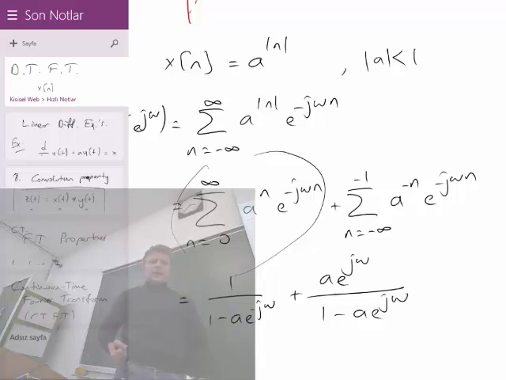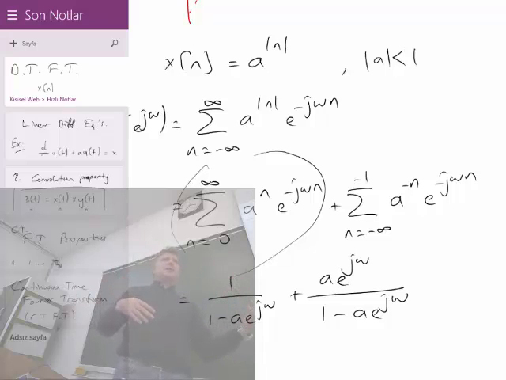Now, since this signal is not periodic, but symmetric, I'm sorry. Since the time domain signal is symmetric, from the properties of the previous chapter, from the continuous time chapter, do you remember that if you have a symmetric time signal, then the Fourier transform is real? Cosine, for example.